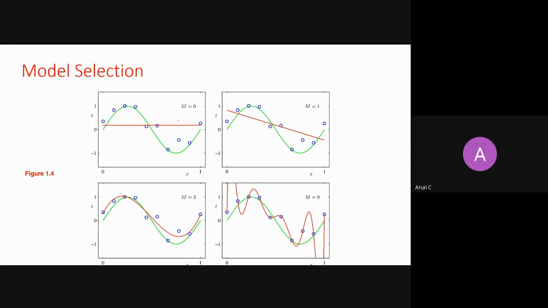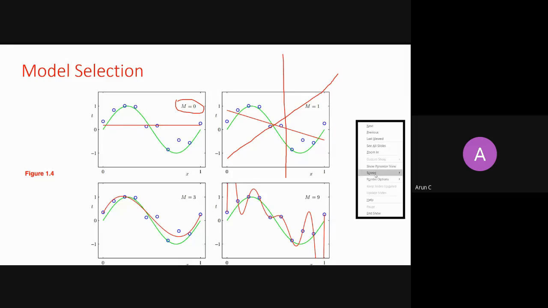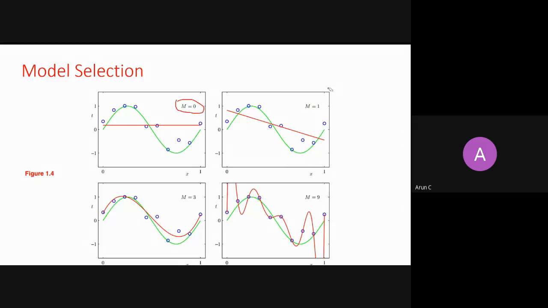If you say I want to choose only a horizontal line, this is the best horizontal line which can fit your data. If you say I have 2 degrees of freedom, W0 and W1, it means you're talking about a line. This is one line, this is also one line, right? But among all the lines, this is the best line, shown here.